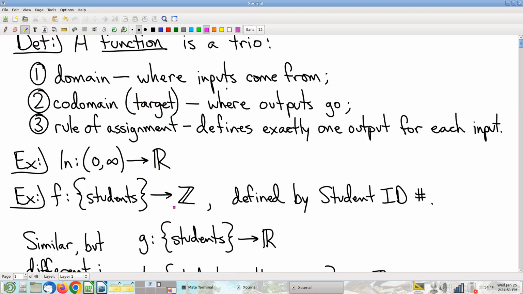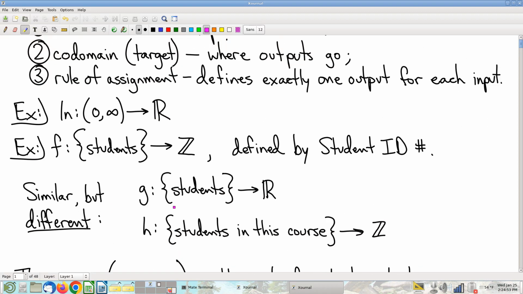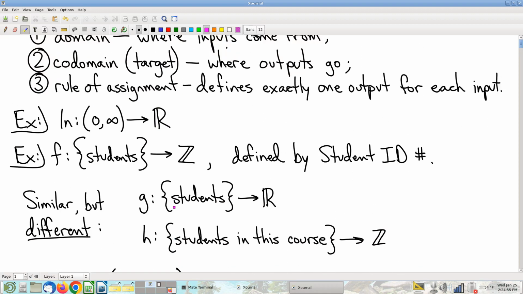Okay, now here's my next example. This is the one where we're going to have kind of a weird rule of assignment. This is what I like to call the student ID number rule of assignment. Just take any student on campus, right? You say, hey, what's your ID number? They give you a number. So it's not a formula, but it is a perfectly good rule of assignment.